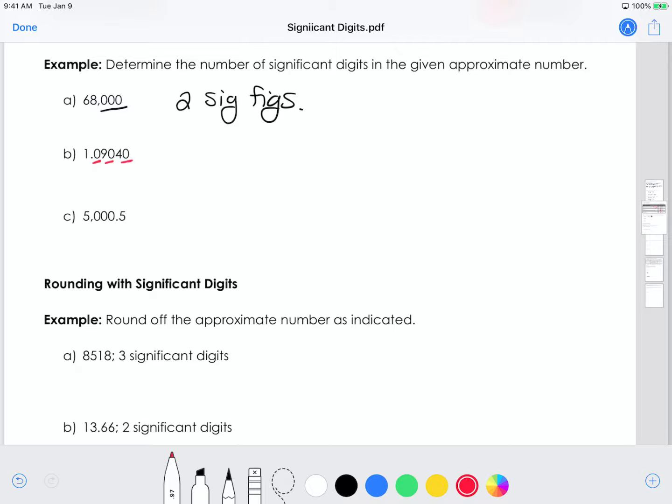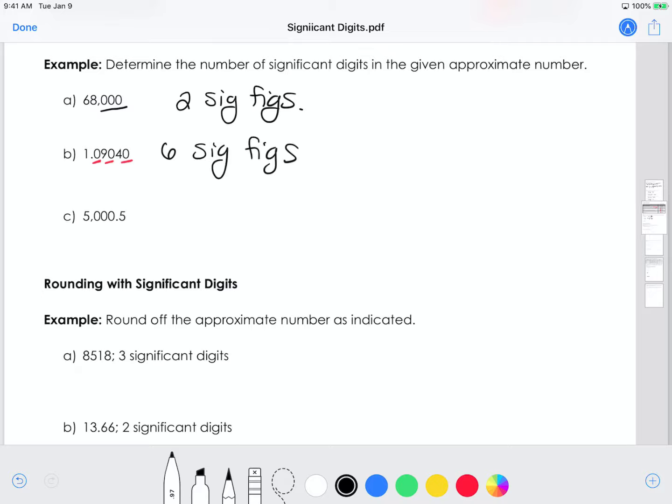And then this digit is actually considered significant. It's a trailing 0 in a decimal, which tells us about the accuracy on how it was rounded. This tells us that it was rounded 1, 2, 3, 4, 5 places out. So in this case, we have 6 significant figures.